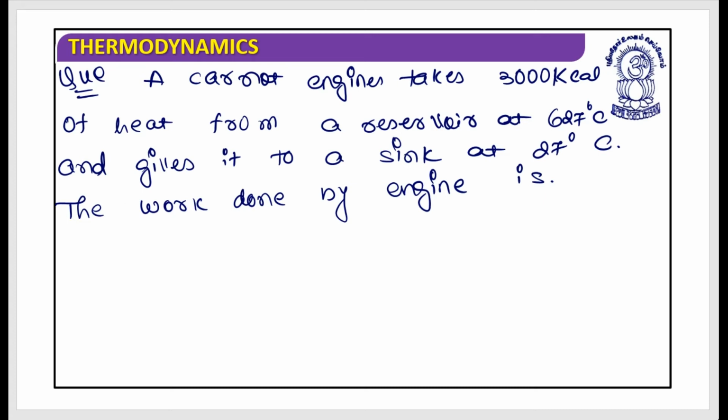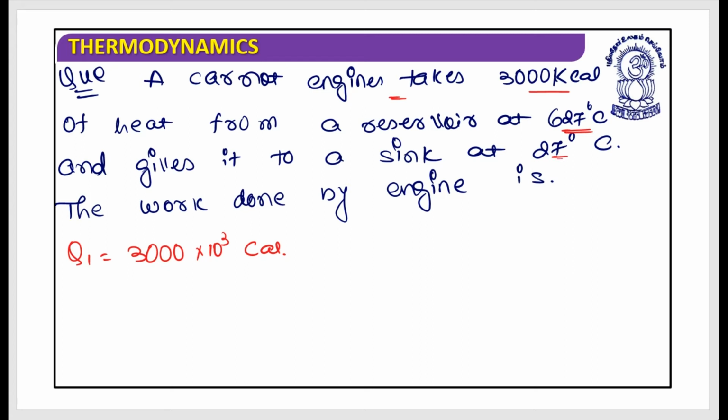How should we deal with it? Let's write down what they have given. A Carnot engine takes 3000 kilocalorie of heat. That means it is the Q1 which has been given. It's 3000 into 10 to the power 3 calorie from a reservoir at 627, and the sink is at 27.